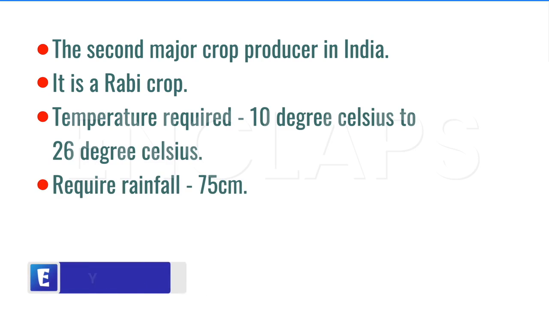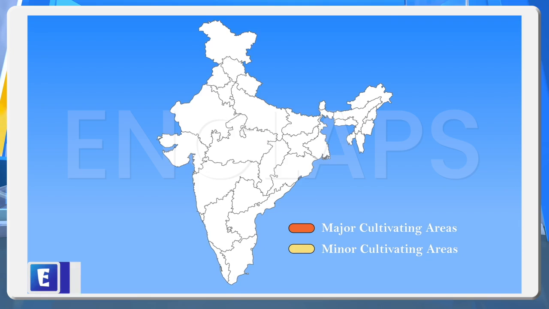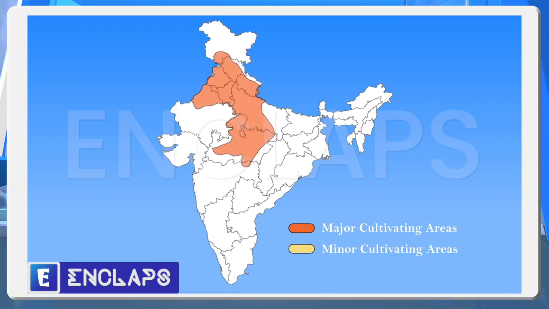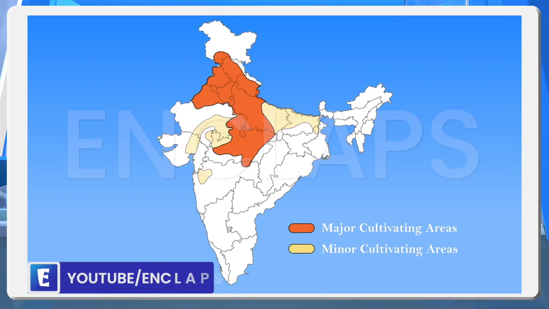Wheat cultivation in India mainly depends on irrigation as it is a winter crop. This map shows wheat cultivating states in India.